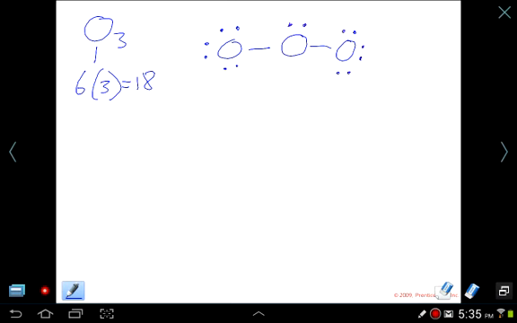Looks like the central oxygen does not have enough, so we'll ask this electron pair to come inside. This becomes a double bond, and then let's get rid of these. So this is one possibility. Now anytime you have equivalent bonds possible on both sides, the double bond is actually going to exist on both sides, giving you resonance.